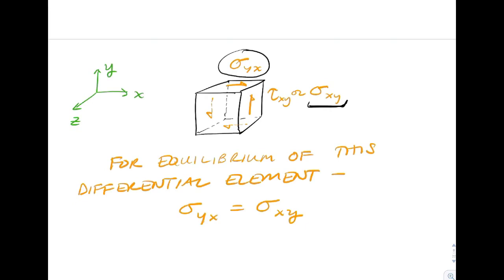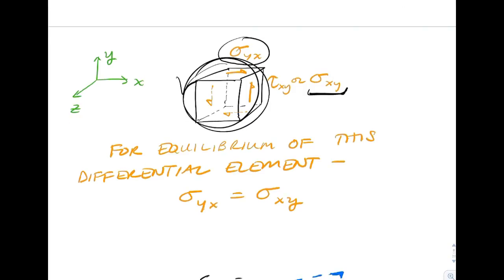If it wasn't, then this element would be spinning. So something in static equilibrium is going to have to have equal shear stresses on adjacent faces. That's why we talk about heads having to touch heads or tails touching tails.